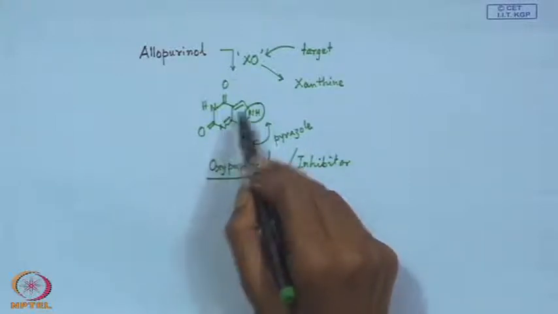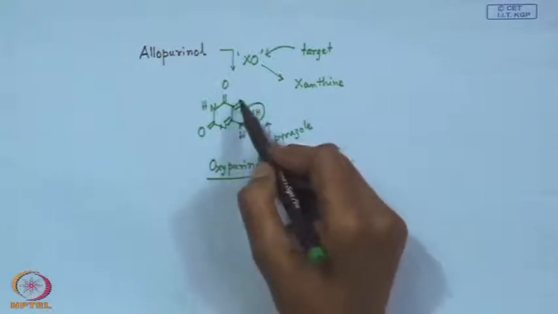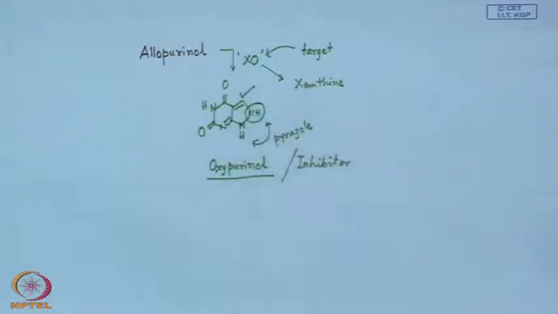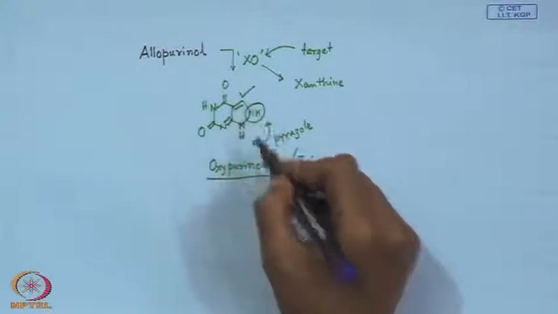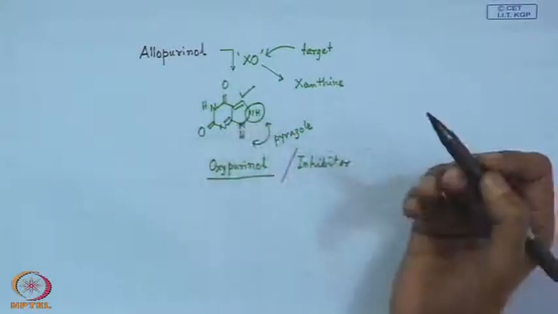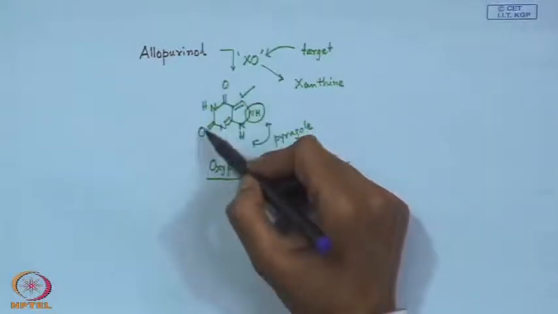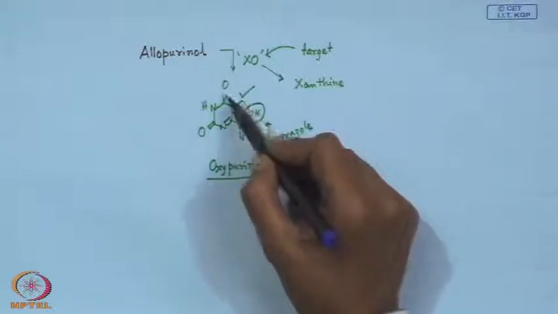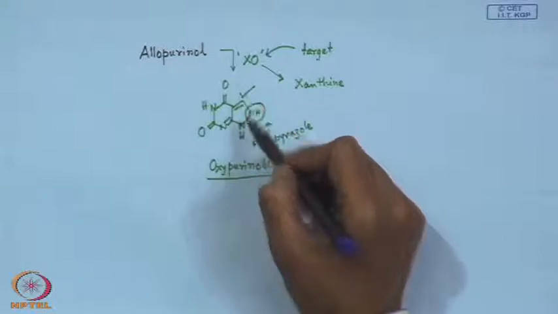These nitrogen donor groups can easily go and bind to the molybdenum site, and it still has a position available which can go for hydroxylation. If the carbon atom is still available for hydroxylation reaction, we can go for another oxygen insertion, because we have already seen that during the production of uric acid we can have 3 oxygen atoms on the entire molecule. Here also you can have the possibility of inserting the 3rd oxygen atom on the oxypurinol molecule.